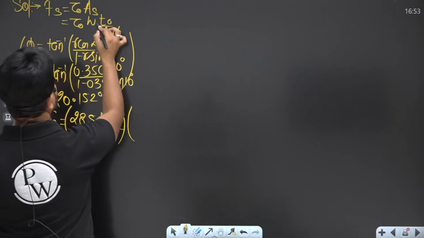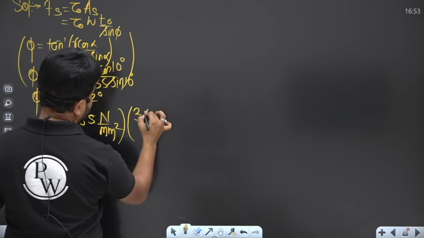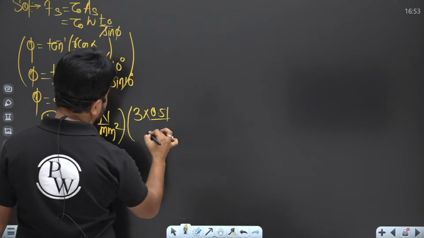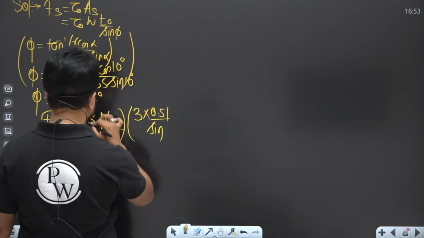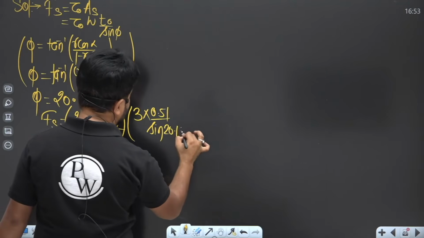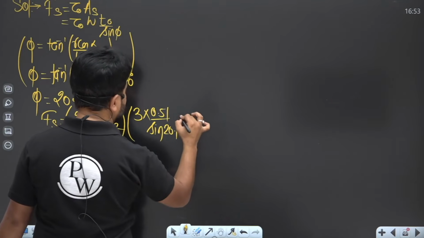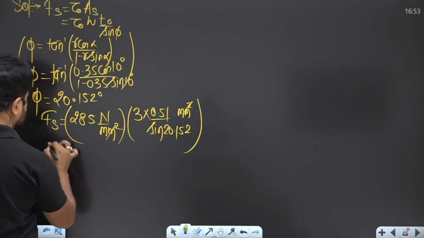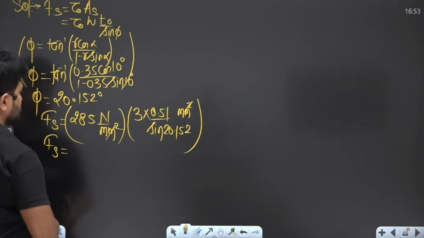So w into t0 is 3 into 0.51. Both are in mm, so mm square, divided by sine of phi, 20.152. The mm square cancels, so you will get the value of shear force. So shear force is what?